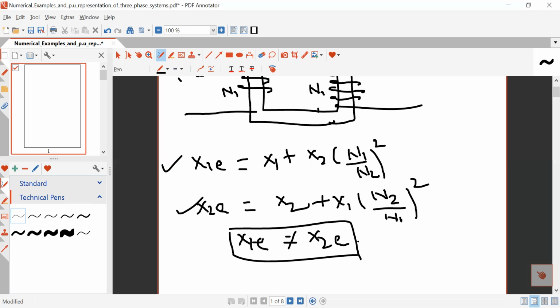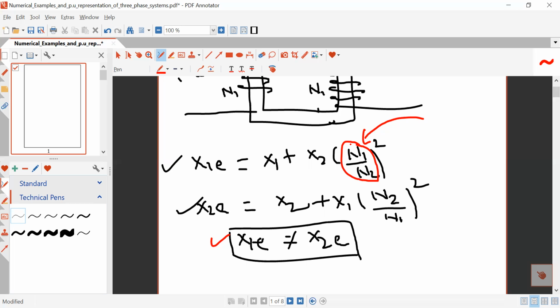So this is the first point. And the second point is that without the information of turn ratio, you can calculate neither X1E nor X2E. So the information of turn ratio is very important while calculating total reactance, resistance or impedance of the transformer referred to the primary or secondary side.